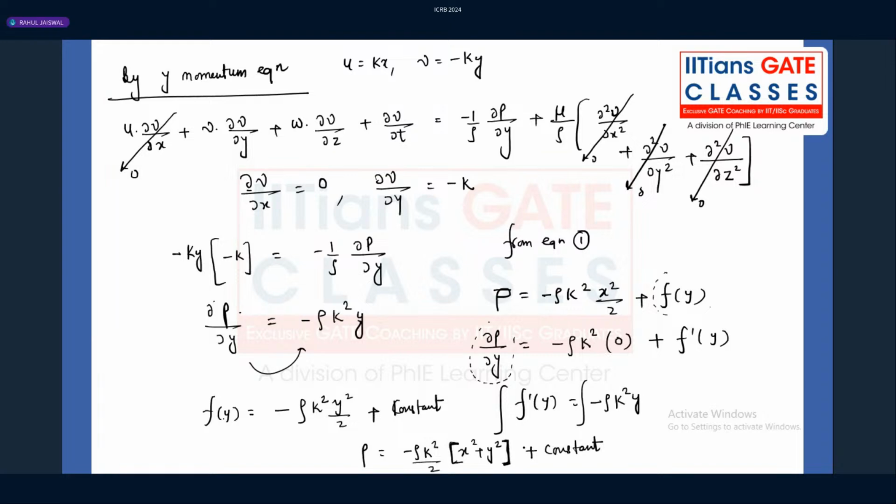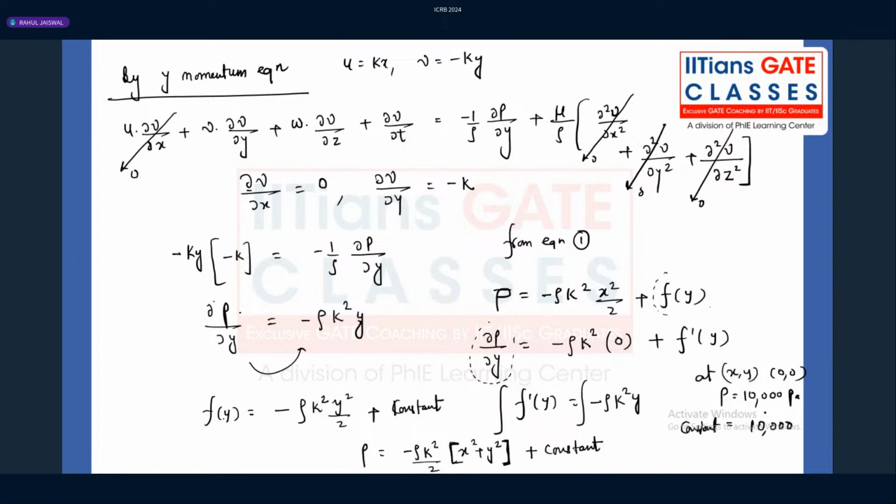What they have given in the problem, at x and y equal to 0 comma 0, the value of pressure is 10 kilopascal, that is 10,000 pascal. Put that value and get the constant. At 0 0, the constant will be 10,000.